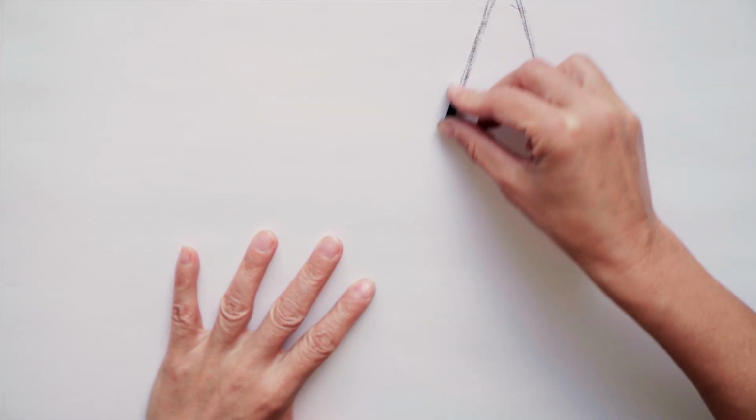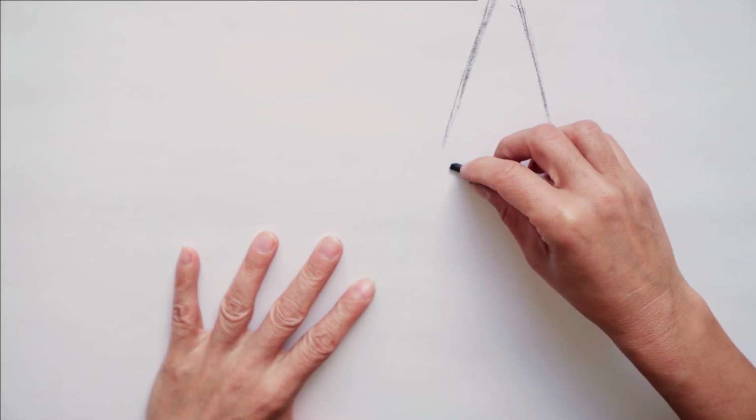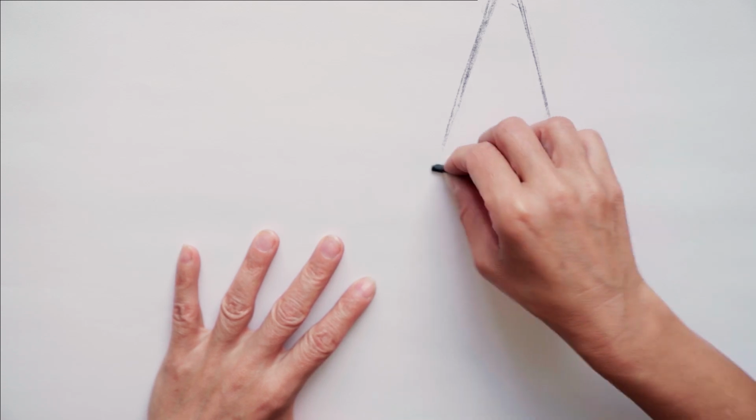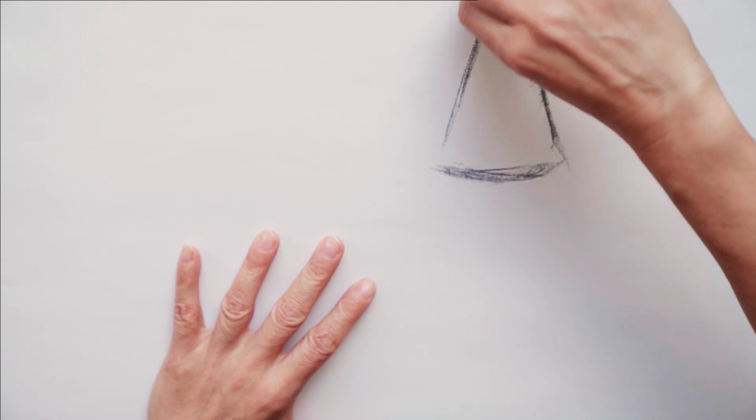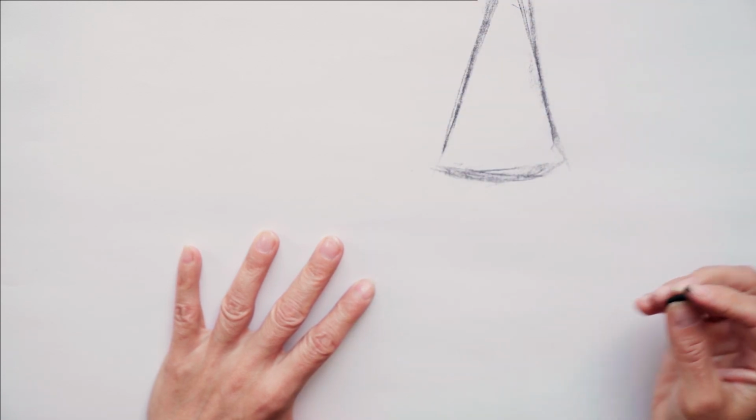So let's demonstrate it rather than talk and see if we can understand it properly. The first thing I'm going to do is draw a triangle as guidance, and I'm going to round it at the bottom because noses are rounded at the bottom.